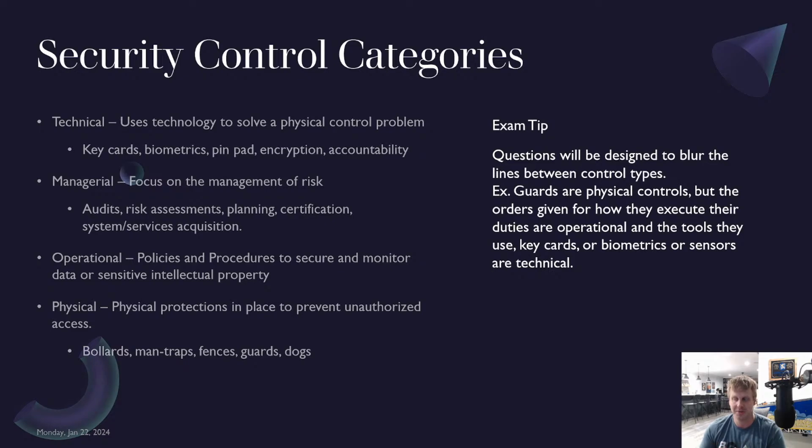Well, the guards themselves are physical controls, but the orders that they're given of how to patrol and where to patrol, those are operational controls. So depending on how that question's phrased, it could be physical or it could be operational. But if they're focusing mostly on the policy, that is where you're going to lean into the operational controls.